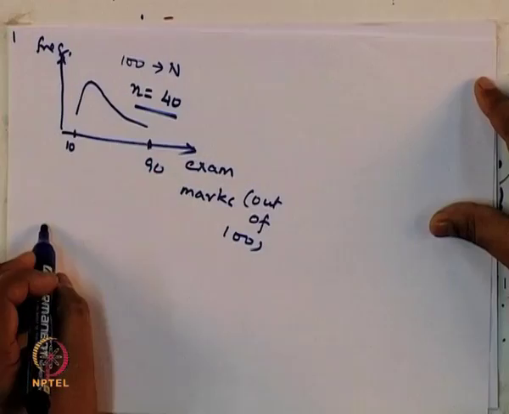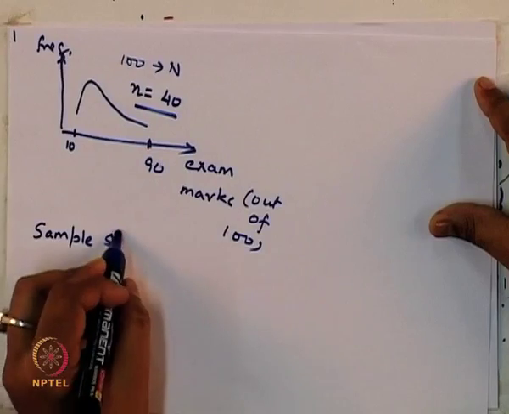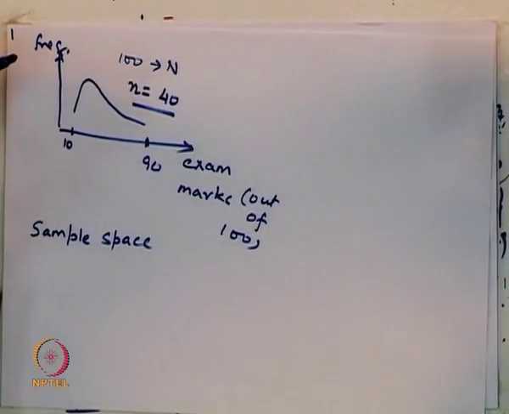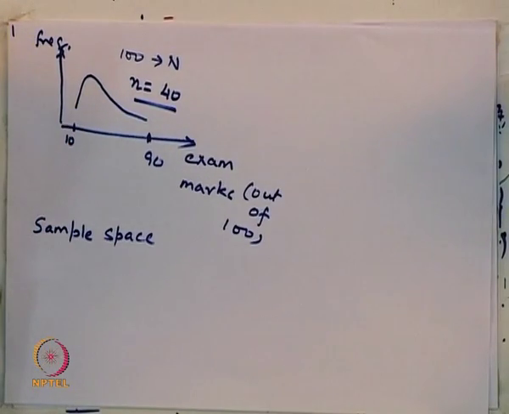So, when we come to probability, we begin by definition of a few terms. One is, what is my sample space. When you toss a coin, let us say, there are 2 possible outcomes. Either you have a head or you have a tail.